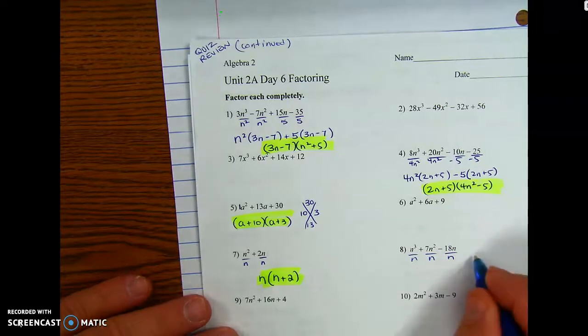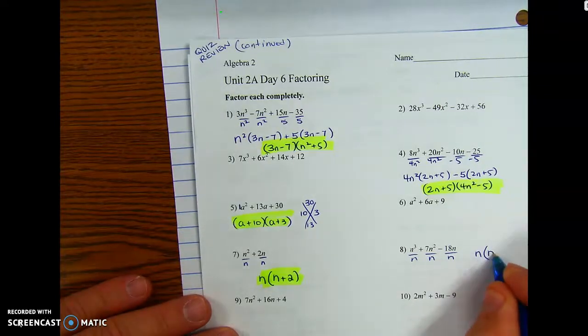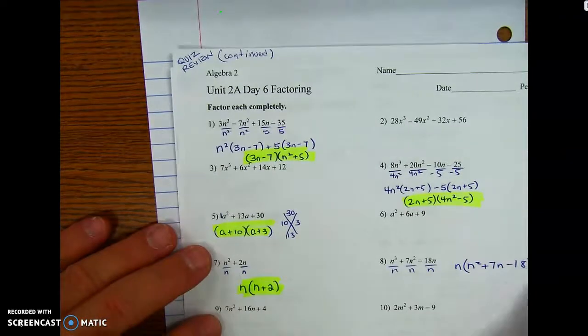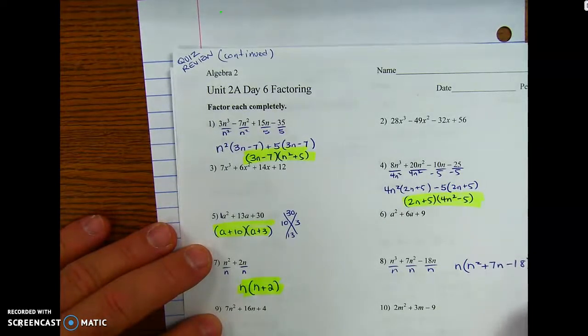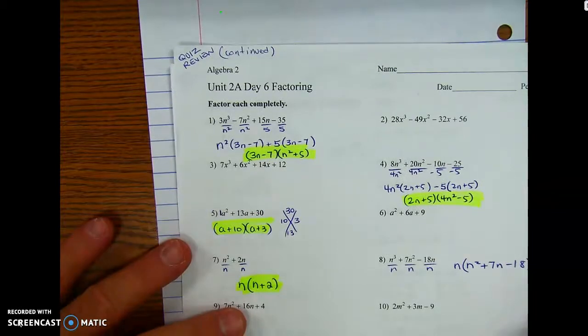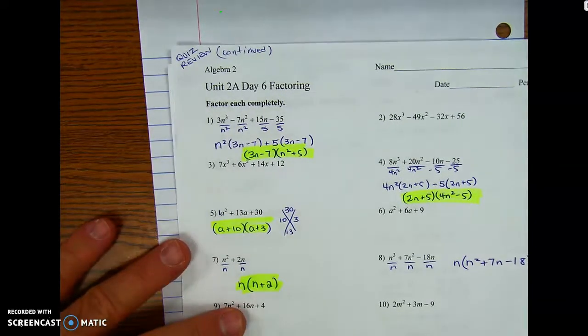So I take out an n, and I get n squared plus 7n minus 18. Now I need to see if there's a bottoms up here with negative 18 and positive 7. Hopefully there is. That would be positive 9 and negative 2.